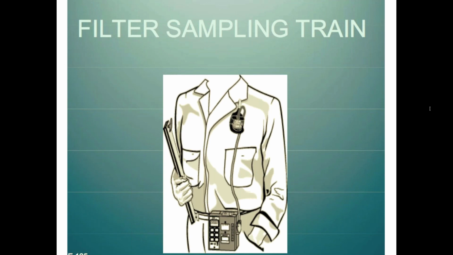So you're going to take the same kind of cassette and connect the calibration device to your inlet here. You're going to go through the filter and then to the pump.